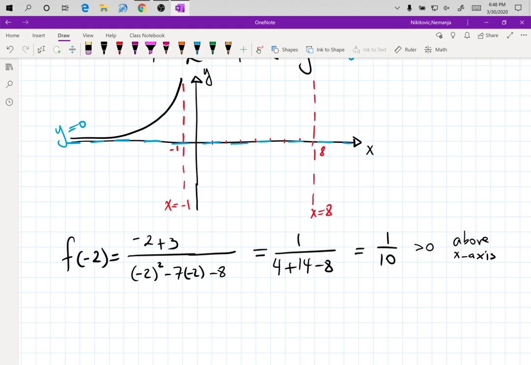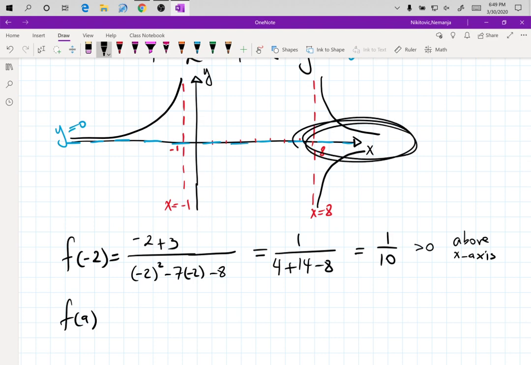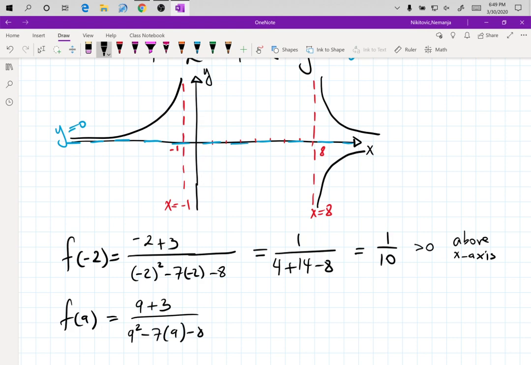We do the same thing on the other side, where we again have two different lines, and we can use f of 9, for instance. The x value here is 8, so we can use 9, 10, you can use 1 million if you want to. Use any x value that is to the right of 8. So we have 9 plus 3 divided by 9 squared minus 7 times 9 minus 8.